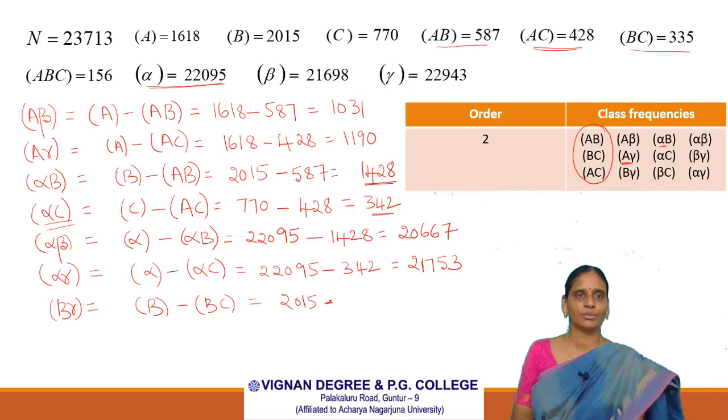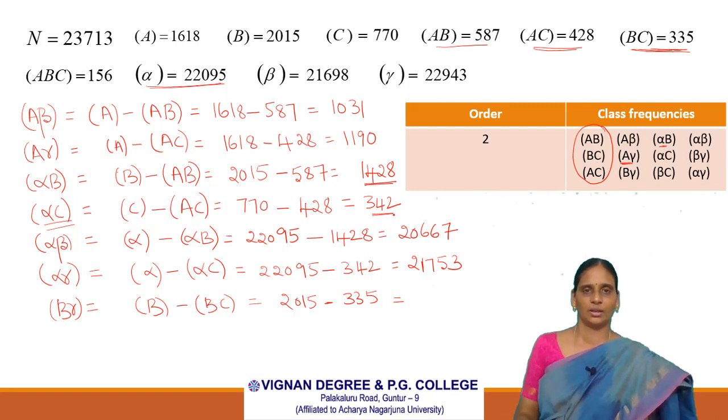Frequency of BC value is given in the problem, that is 335. 2015 minus 335. So after the subtraction, we get 1680.